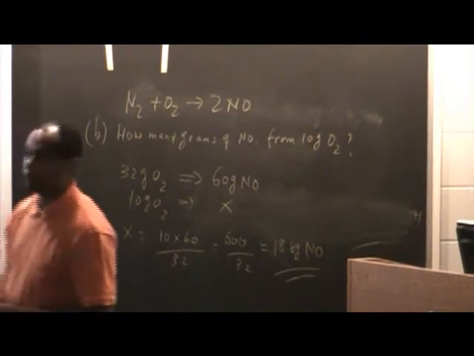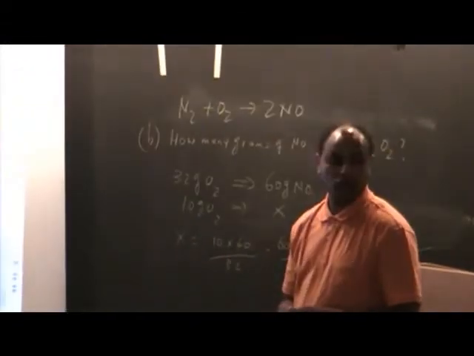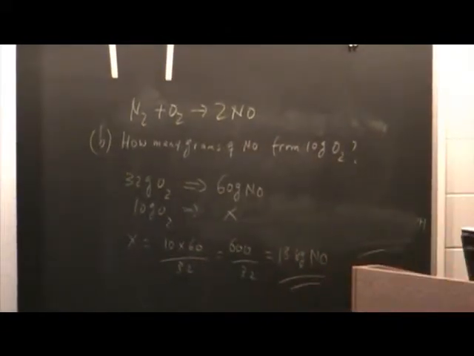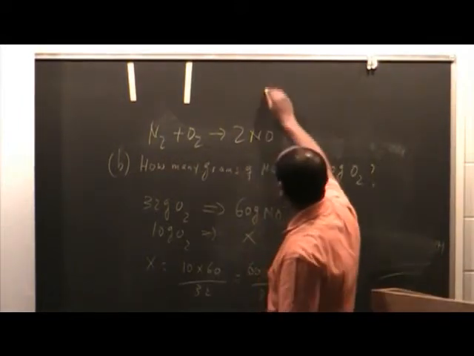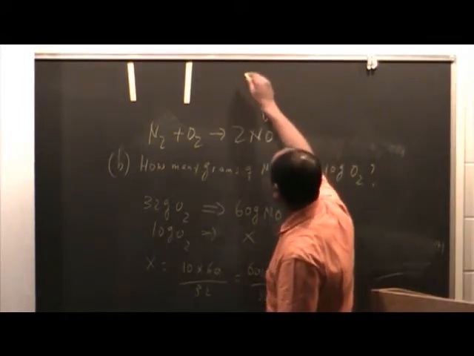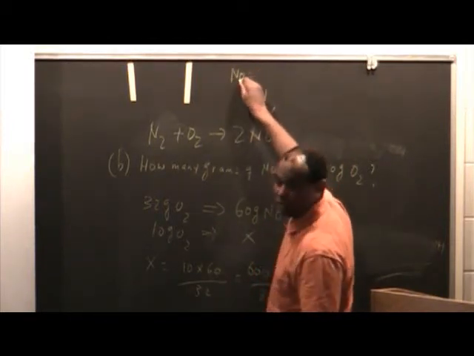Do you have any question? You can ask now. I see how you got the oxygen, 16, but I'm still confused on how you got 60. 60 comes from the molar mass of NO, which means NO has nitrogen and oxygen.